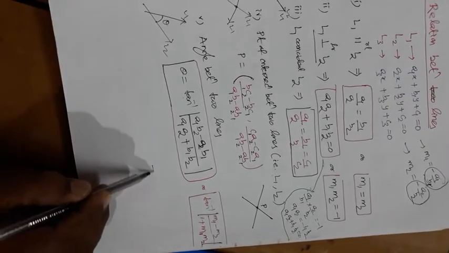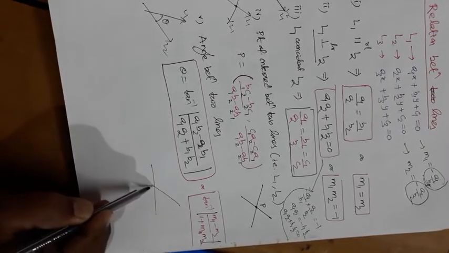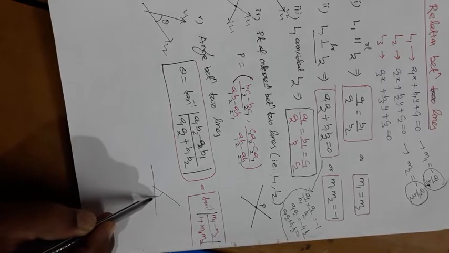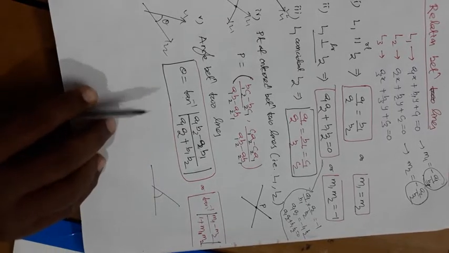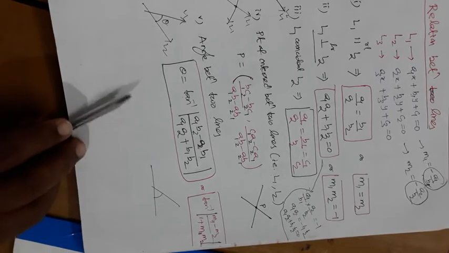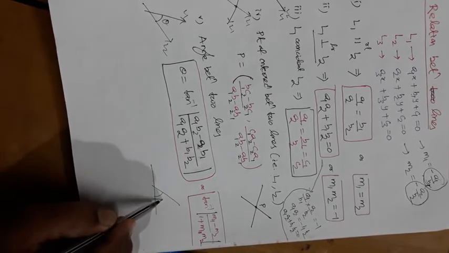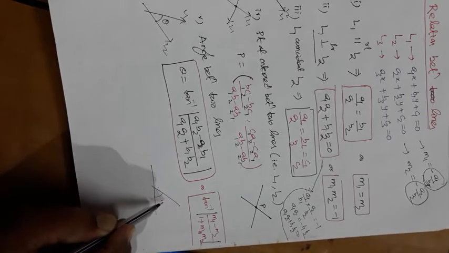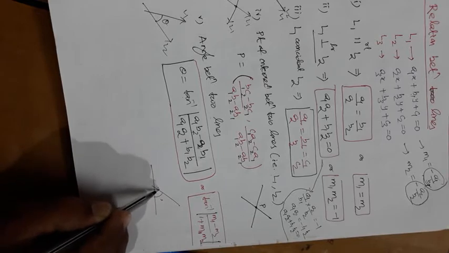Look here. Suppose this is a line and this is another line. If someone tells you the angle between them is 45 degrees, can you not also say the angle between the two lines is 135 degrees? When it is 45, it is 135. When it is 60, it is 120. When it is 30, it is 150.